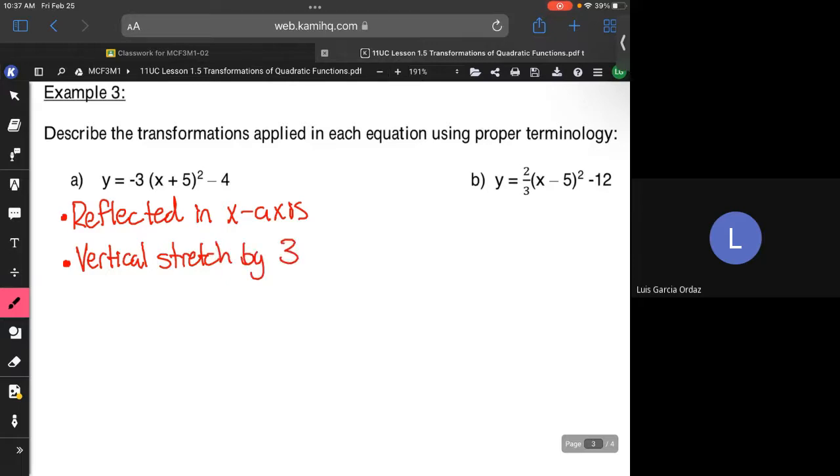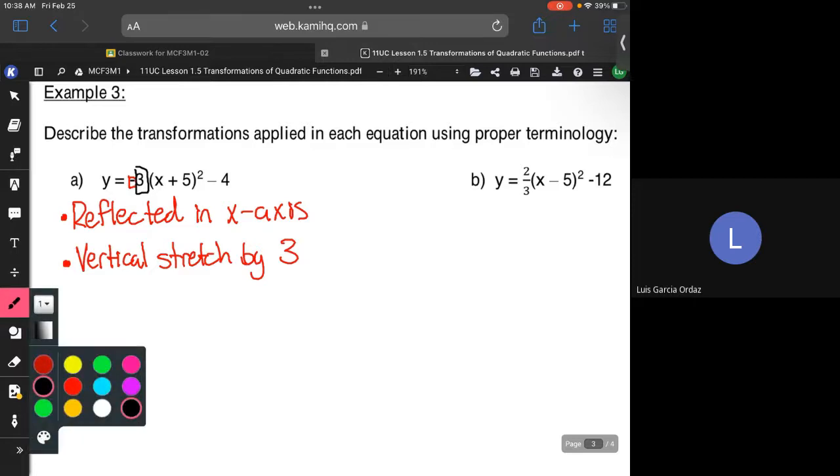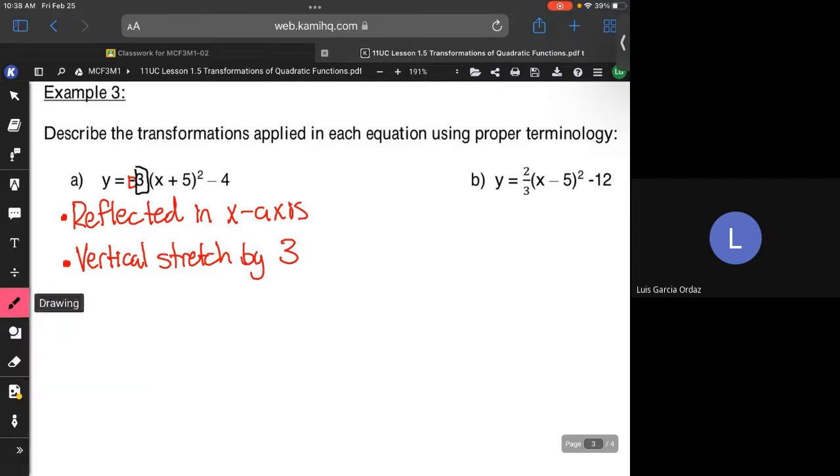When we look at the negative 3, the negative just tells us if it's going up or down. Then you need to look at my 3. Is my 3 bigger than 1? Yes. Because it's bigger than 1, that means it's stretched. So you would look at the sign first, see if there's a reflection, and then you would look at the number.